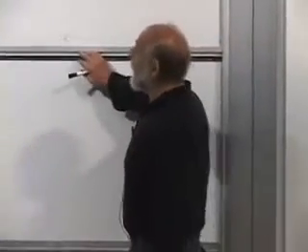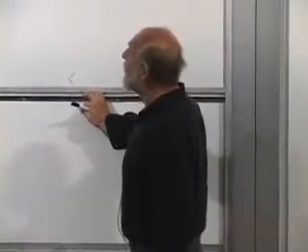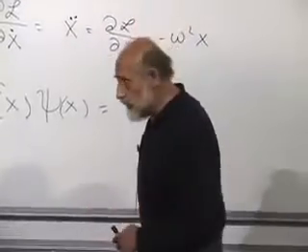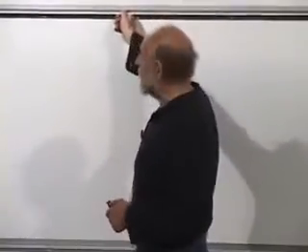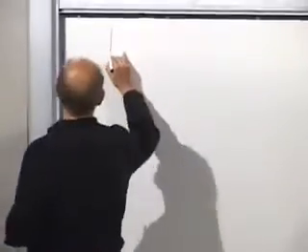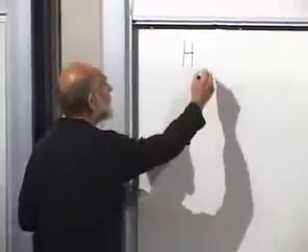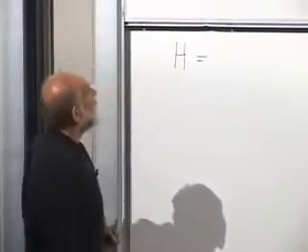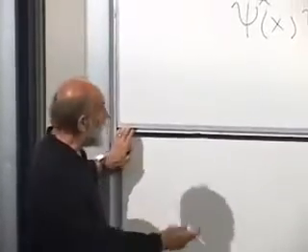For that, we have to go back to the Lagrangian and apply the standard rules to the Lagrangian to find the Hamiltonian. I'll just remind you what they are. Before you do that, you have to define the canonical momentum conjugate to x.